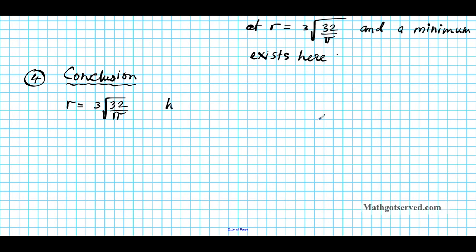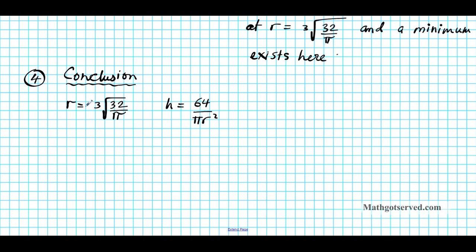We found out earlier in the problem that h was equal to 64 over pi r squared. That's what we had earlier. Remember when we were looking for the constraint function in terms of h, we have this.